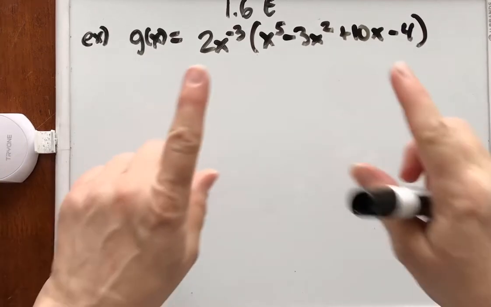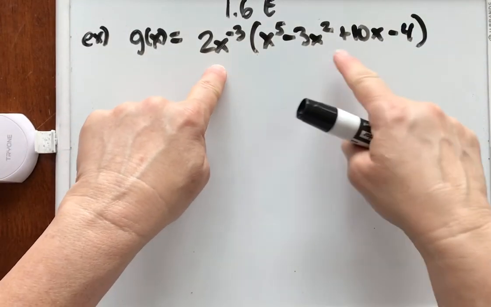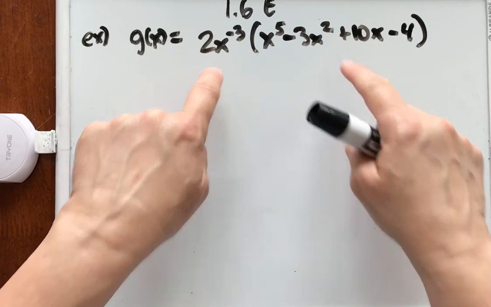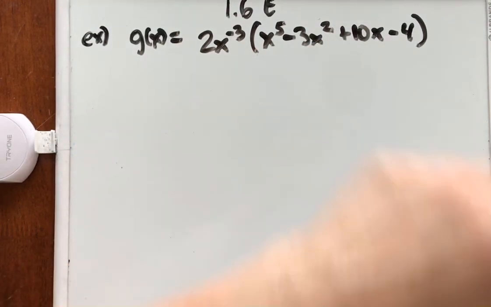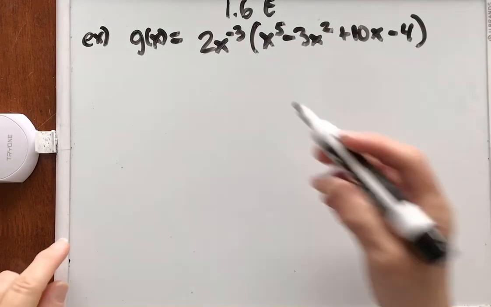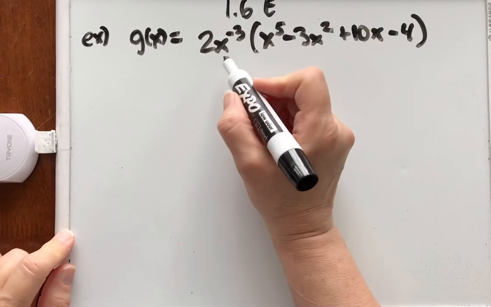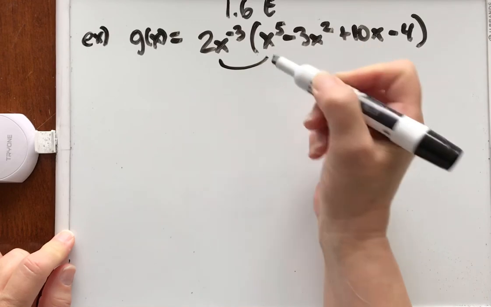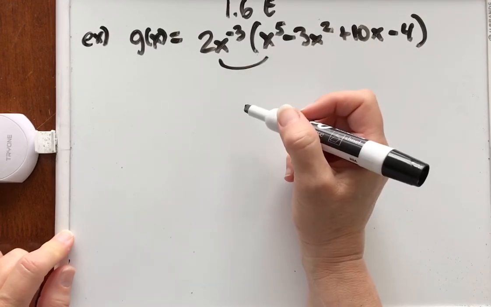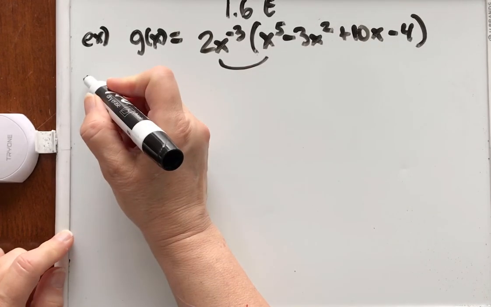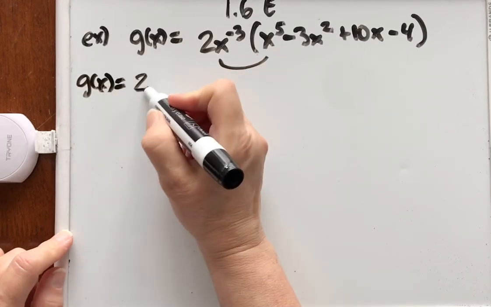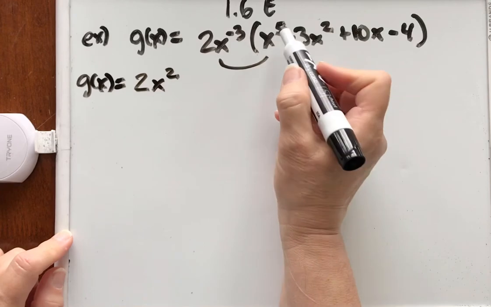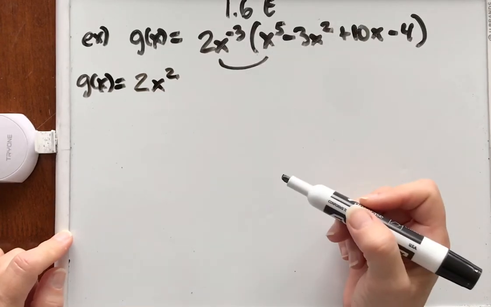We can either do the product rule, which this would be f of x and g of x per se, or we could go ahead and distribute this and then take every term. Let's distribute first. So we're going to go 2x to the negative 3 times x to the 5th. All right, that leaves us g of x equals 2x squared, because 5 minus 3 is 2.